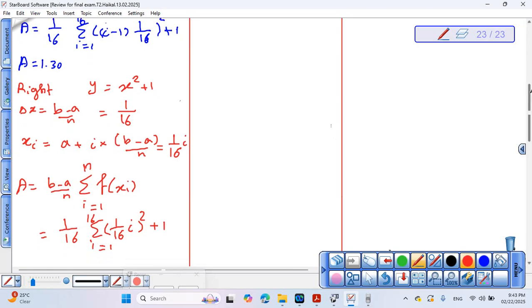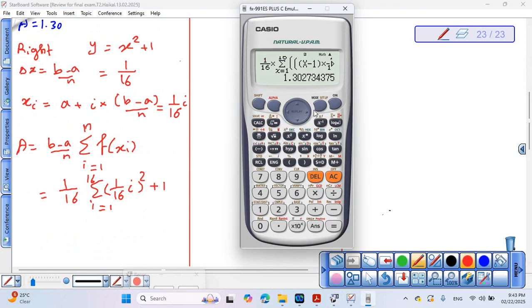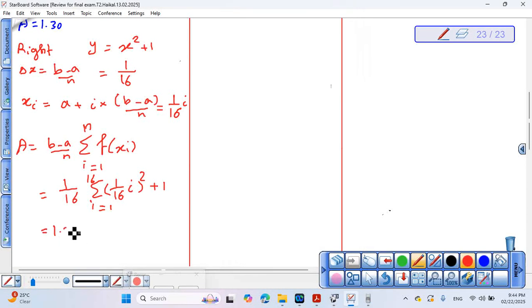For the answer, use the calculator, the same, just change x to 1 over 16 times x. The answer is, maybe something is wrong here, more practice needed. The answer is 1 over 36.